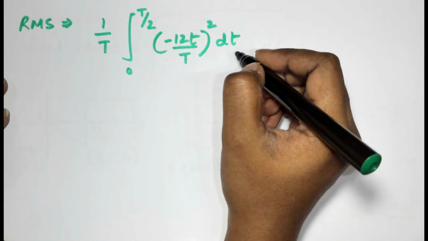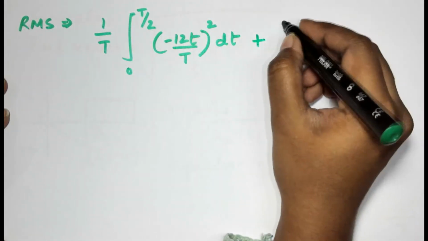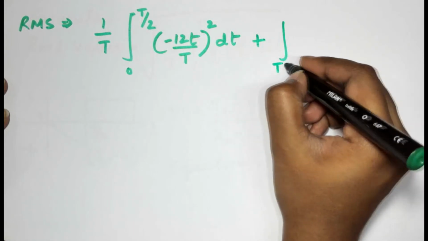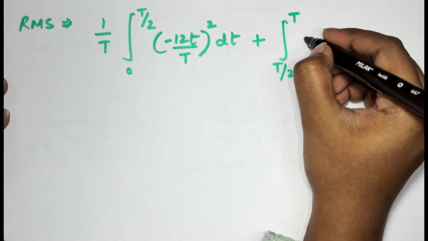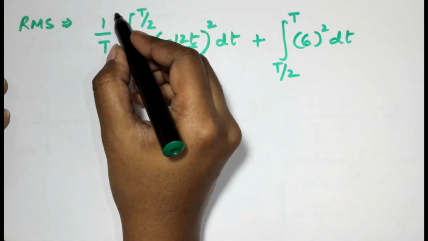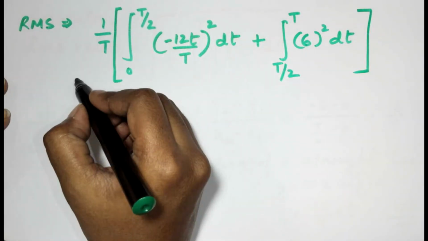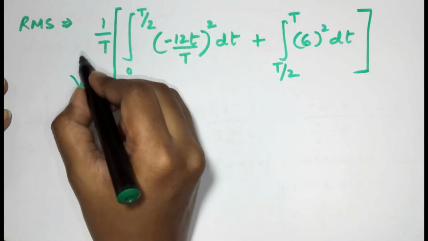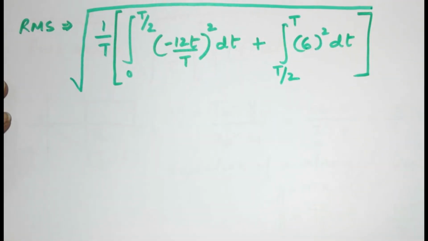So this is our first part of the function. Next, plus integral T by 2 to T, and we have our constant of 6. So that's 6 square dt. And the whole thing is under root. Okay, now let's solve this.